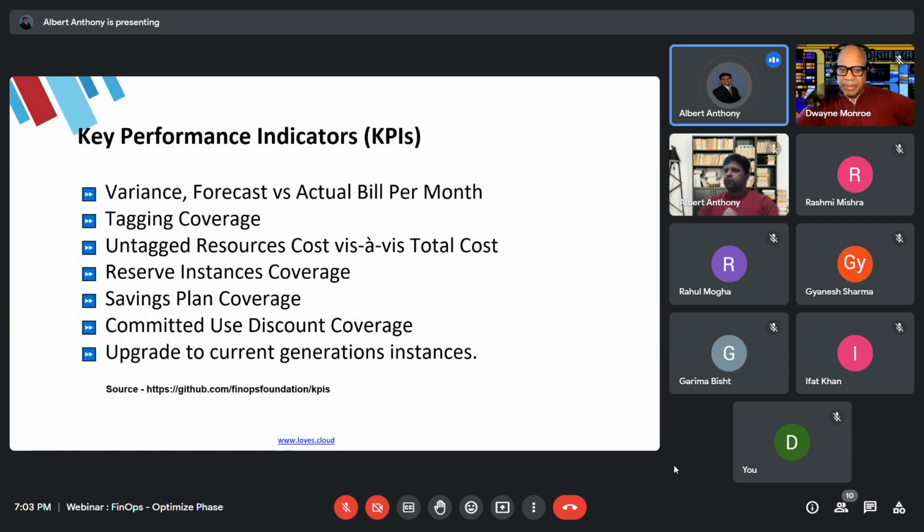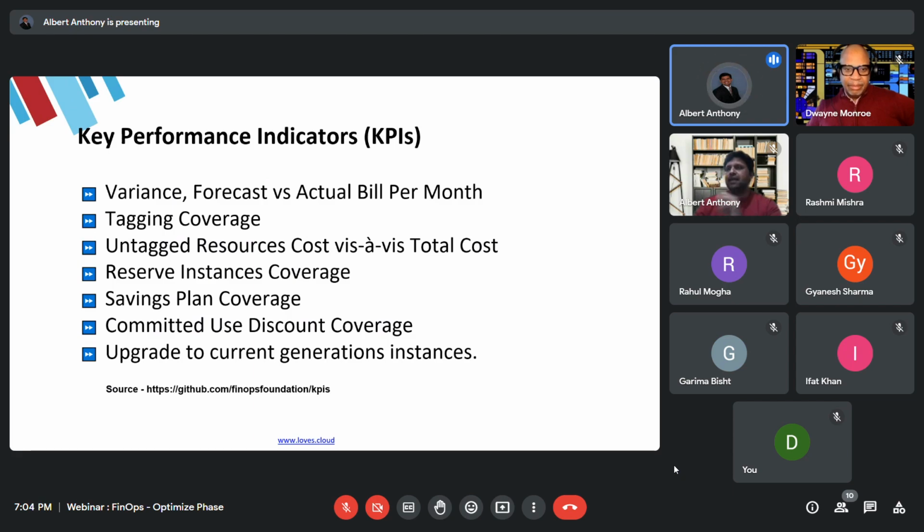Okay. Now the next one, which I think we discussed a little bit in our last webinar as well, and I think this is something that all organizations should be aiming for. When we start on a FinOps journey, there should be some goals, and in order to reach those goals, there should be some metrics, some KPIs that they should be monitoring.